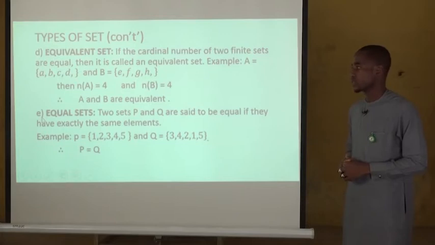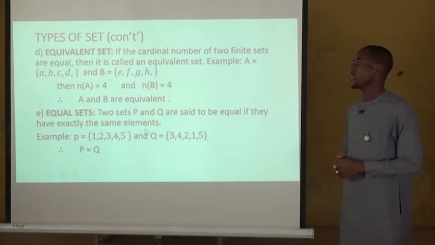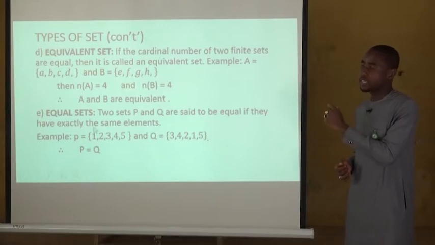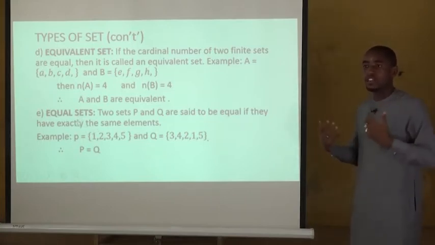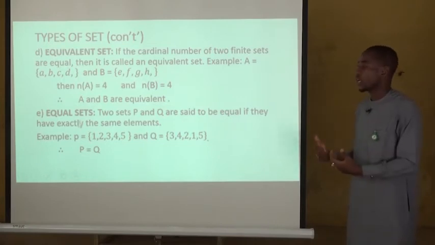E is equal set. Two sets P and Q are said to be equal if they have exactly the same elements. Now you take note. Equal set and equivalent set. Equivalent set, the cardinal numbers are the same. Equal set, the elements are the same.